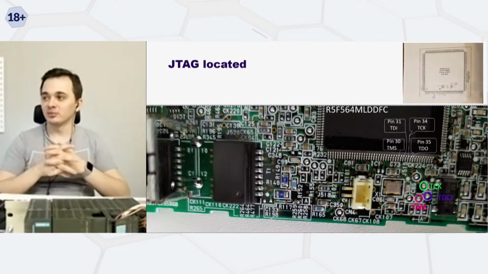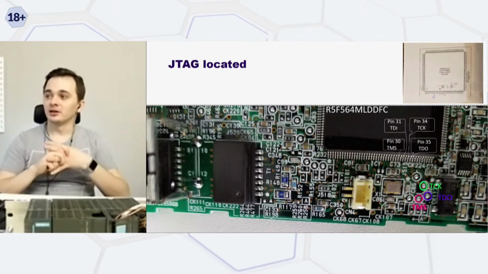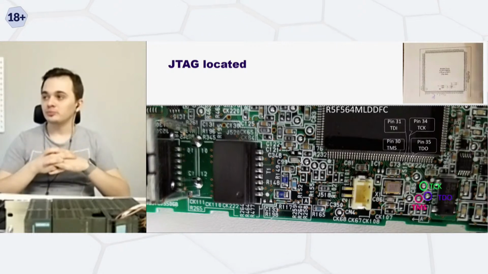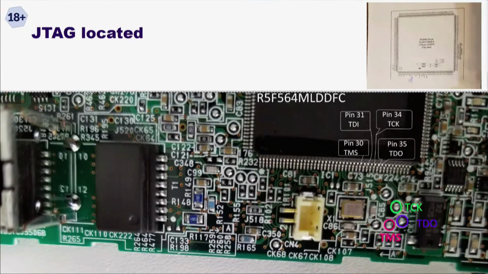First, you have to locate it. Thanks to the labels, it was easy to find the pins that were responsible for JTAG. You can see them now on the screen. And some other pins.